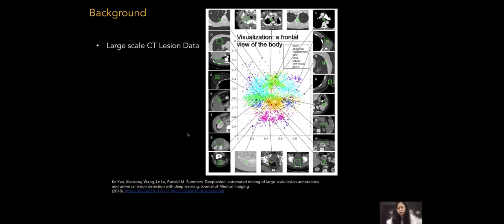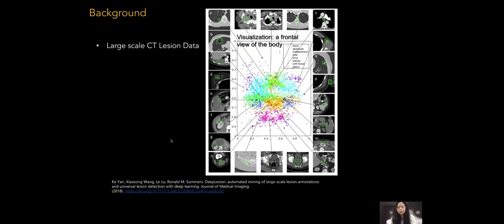And besides the chest X-ray, another very large-scale available dataset is called DeepLesion. DeepLesion was also recently released back in 2018. This dataset is very large-scale and focuses on different types of lesion, especially in the chest area and abdominal area.